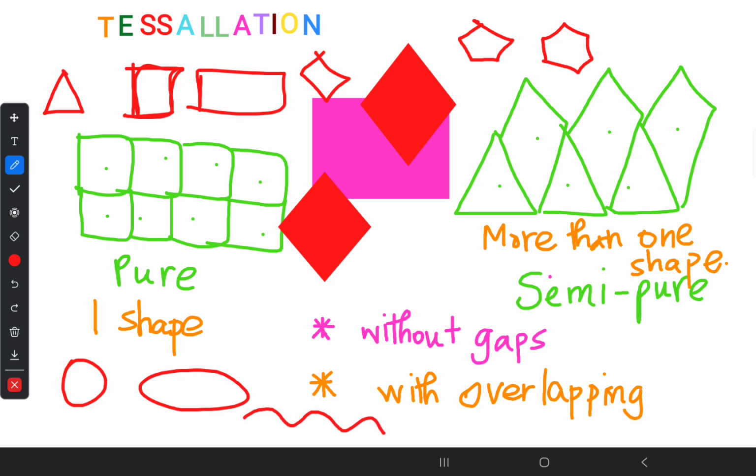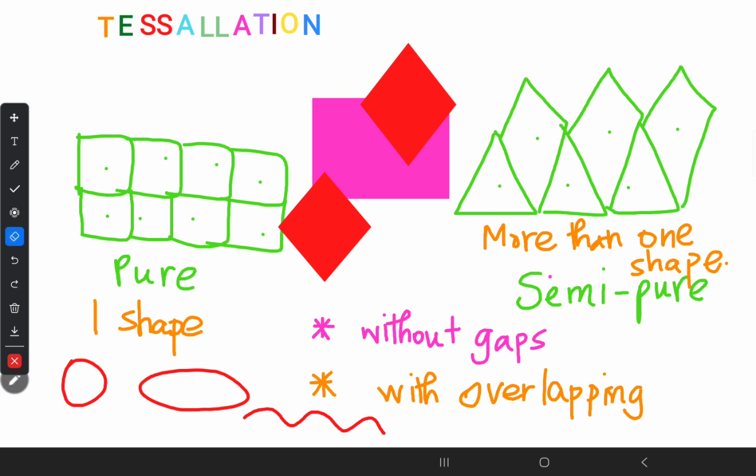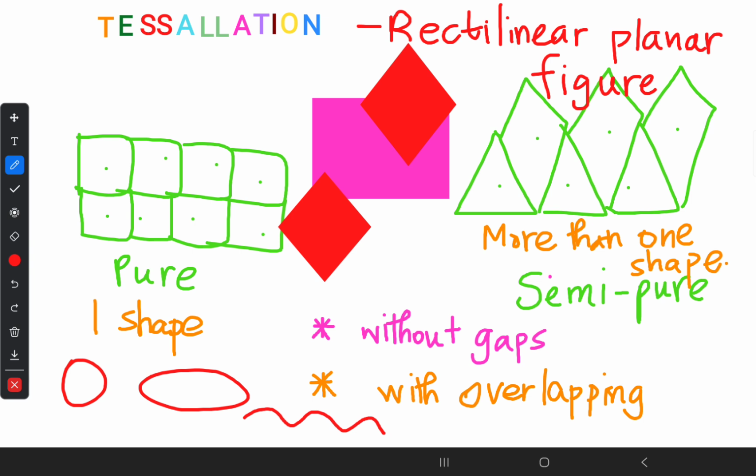Only you have to use straight lines to create an object that's called a rectilinear planar figure. The shape which we need to use in the tessellation has to be a rectilinear planar figure. What is a rectilinear planar figure? It should be created by using only straight lines. 3 straight lines together, triangle, 4 straight lines together, rectangle, rhombus, or else star, many.